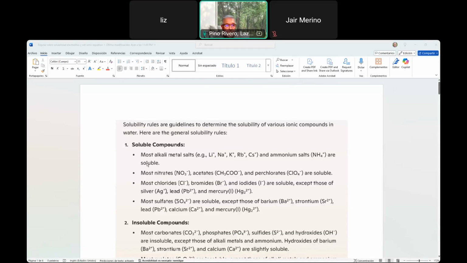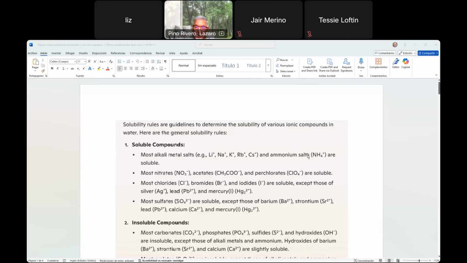For example, the first rule says that most alkali metal salts, the ones that contain lithium, sodium, potassium, rubidium, cesium, and also the ones that contain the cation ammonium, sorry, all these salts, every time you see one of these, you can say that the salt is soluble. All right?